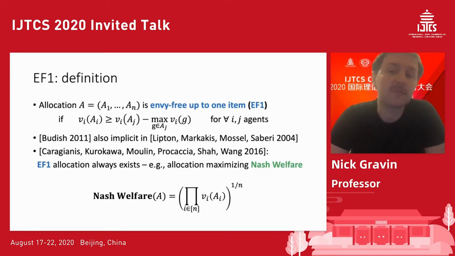Okay, so we just take the product over each agent i of their values for the corresponding set A_i they get, and take the n-th root of this product. So it's a geometric average of their values. Actually, if you start with this allocation, it will be automatically EF1. It will be envy-free up to one item. And the proof is not particularly difficult.